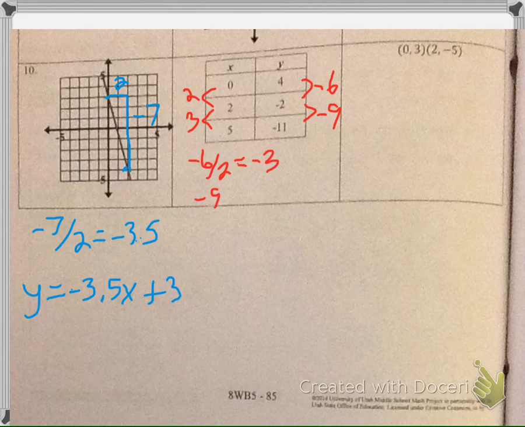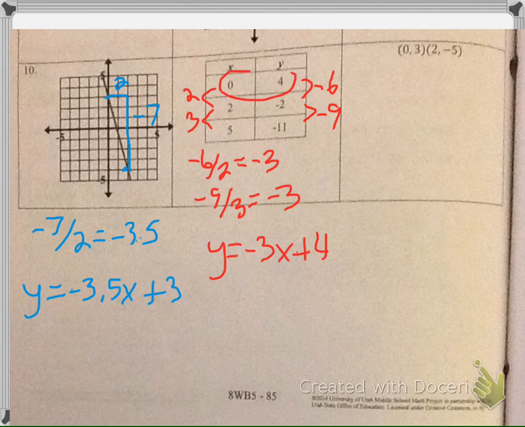And -9 divided by 3 is also -3, which means my equation is y equals -3x plus 4. I'm getting the y-intercept straight from the table right here. When x is 0, y is 4.